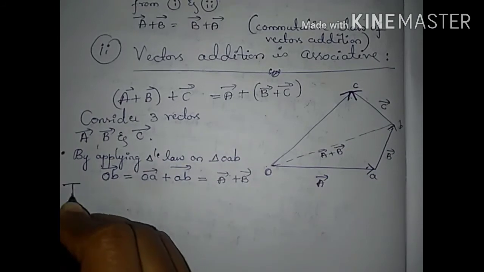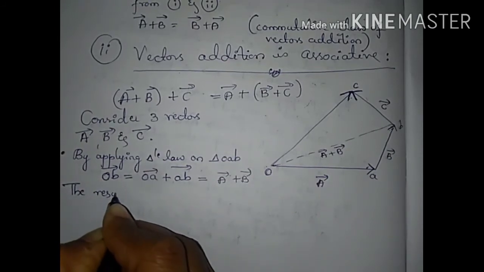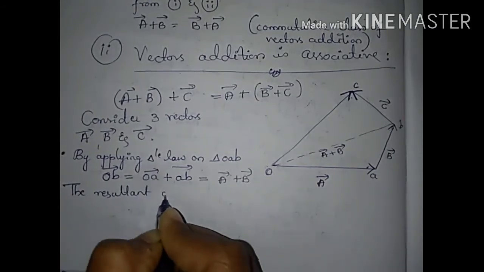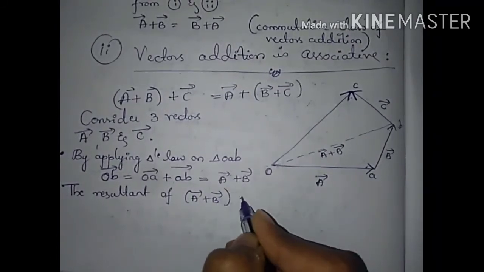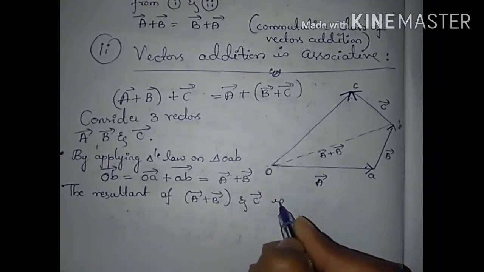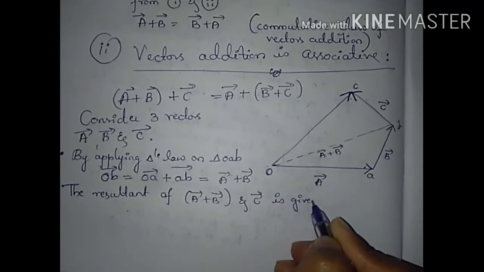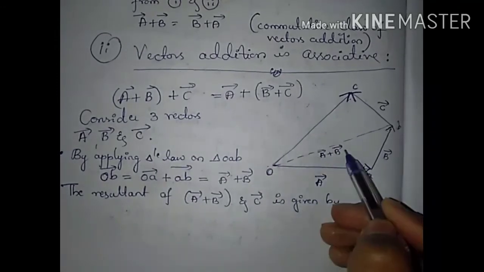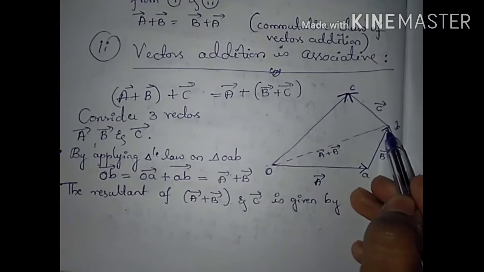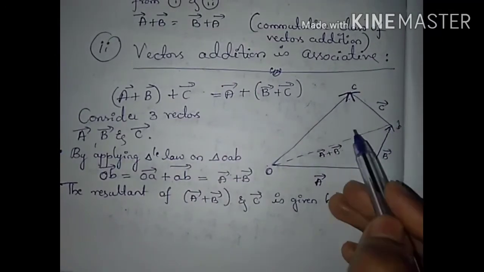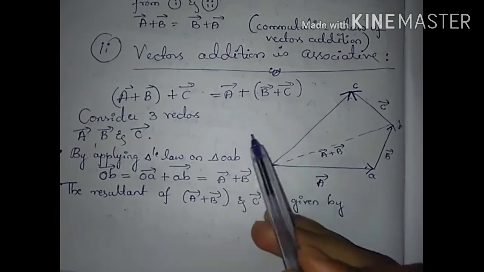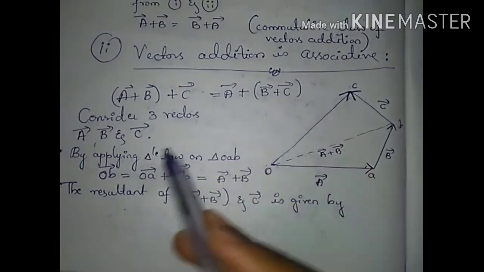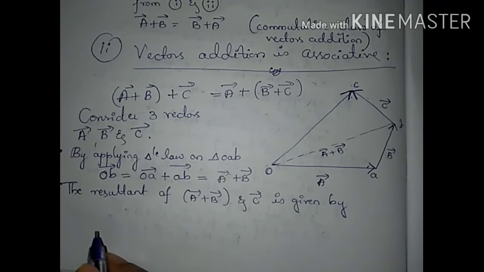Now the resultant of A plus B and C is given by vector A plus B and C. So again you have to consider the triangle OBC and apply the triangle law.